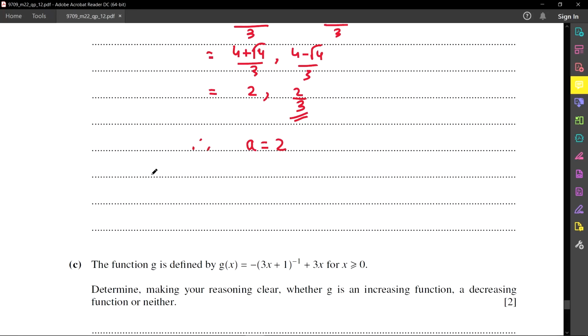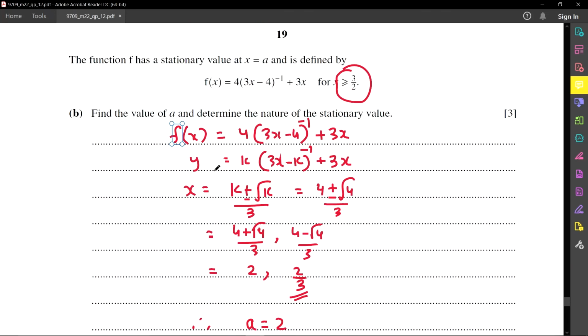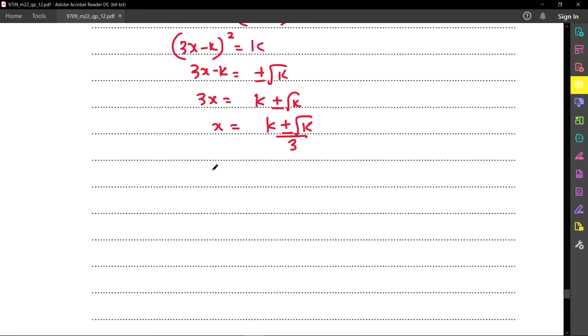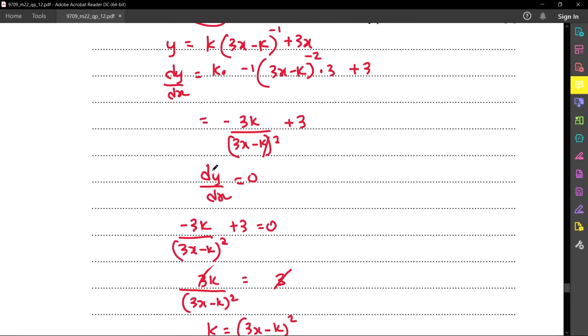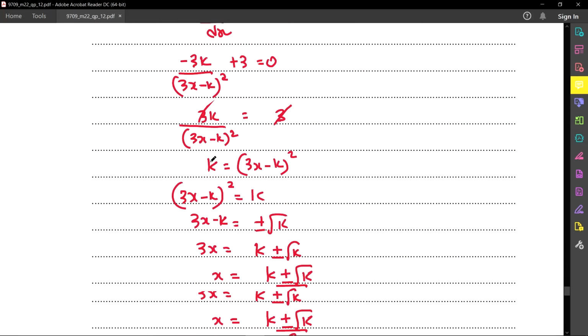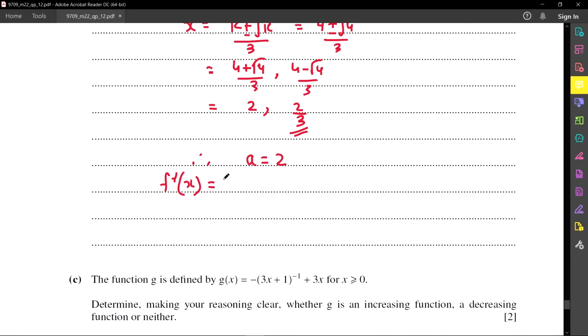Now the f dash of x, the differentiation we got in the earlier part, is minus 3k by 3x minus k whole square plus 3. This is the differentiation we got.